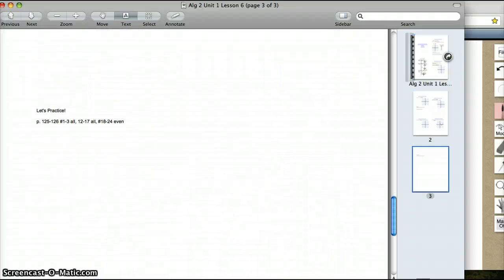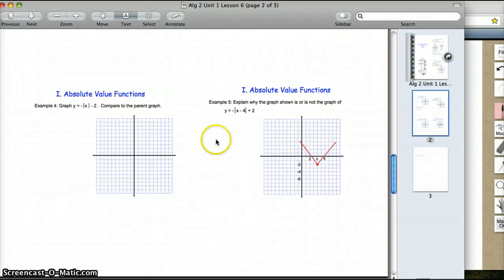Now, if you look at example number 5, it says y equals negative absolute value of x minus 4, plus 2. Now, our vertex is at (4, 2).